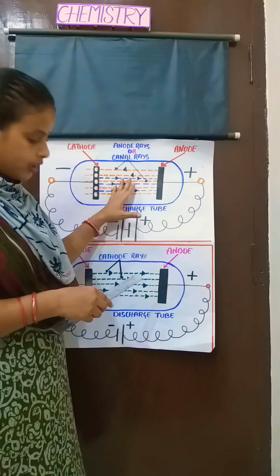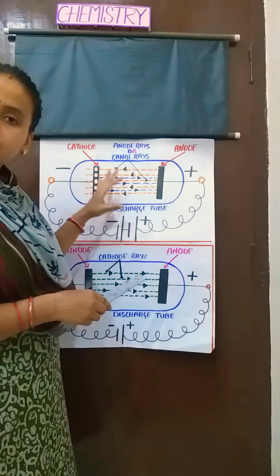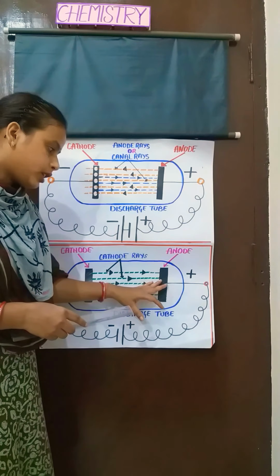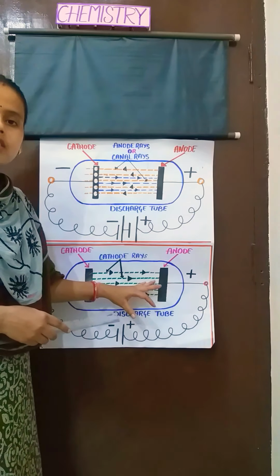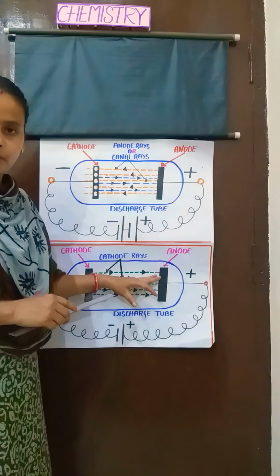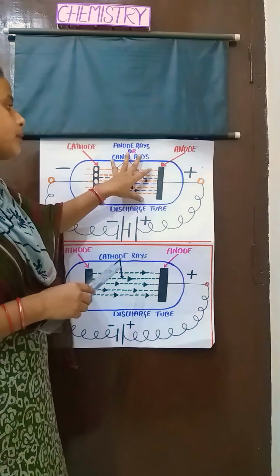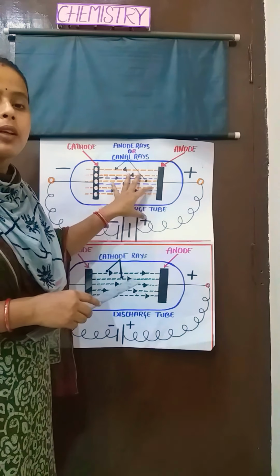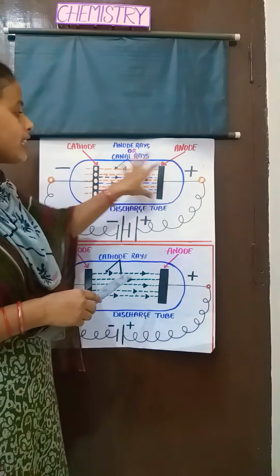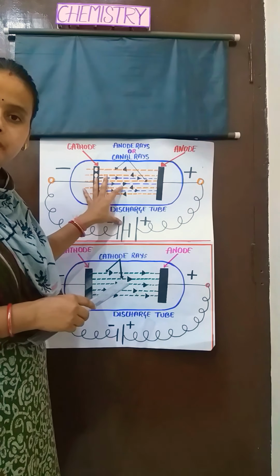So now the question is, is the proton the same as the electron? No. Why? Because the electron does not change its property whatever the gas filled. But the property of the proton depends on the nature of the gas filled inside the discharge tube.